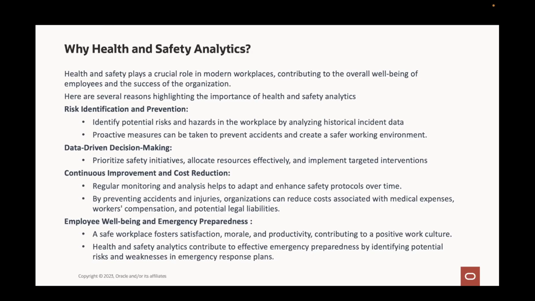So how do I do that? You mash it up, you get the data from an external source, the weather information, what the temperature was like at the time of the incident, and you deal with those kinds of incidents, and you prevent those incidents from happening again.